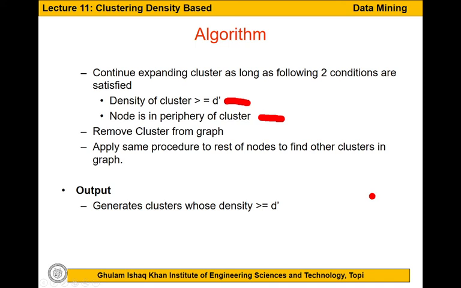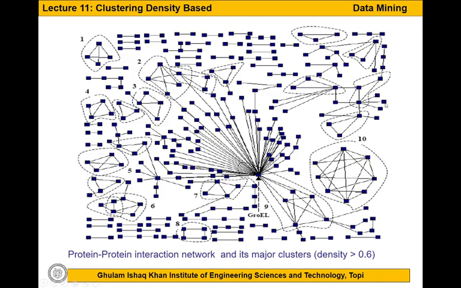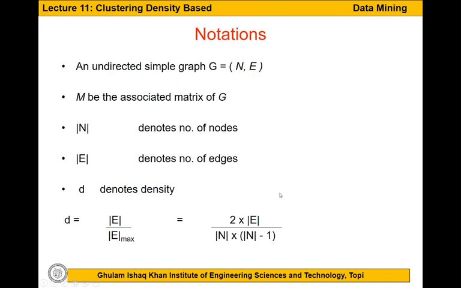Maybe the density of the cluster is not up to the required mark, but the number of nodes around it finishes, so it means this is time to stop growing the clusters, right? So when the cluster has stopped growing, we will remove it from the complete graph, right? And on the remaining graph we will execute the same procedure again, right? So this is how these clusters are extracted and identified, right?